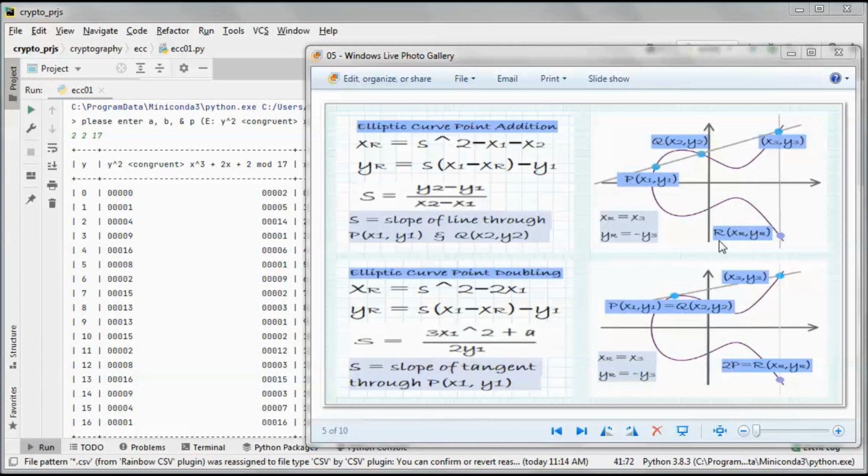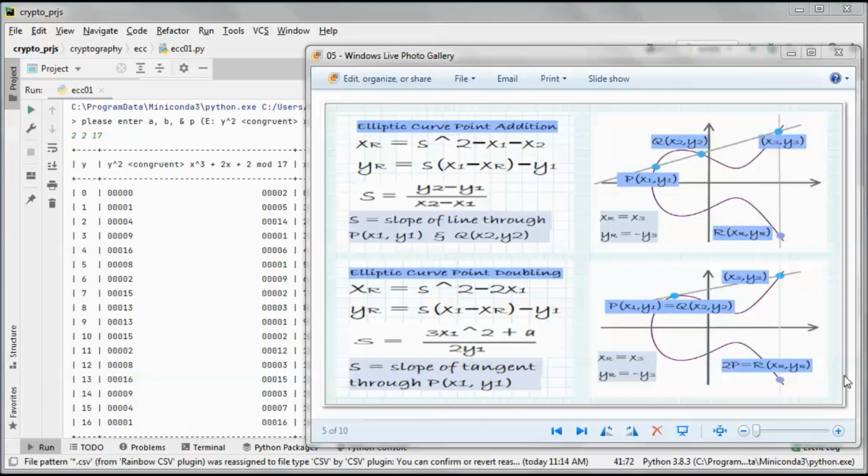So we end up with point R with coordinates xr, yr, where xr is equal to x3 and yr is equal to minus y3. And x3, y3 is the third intersection point of the curve with the line joining P and Q.